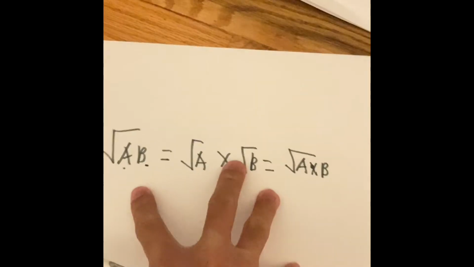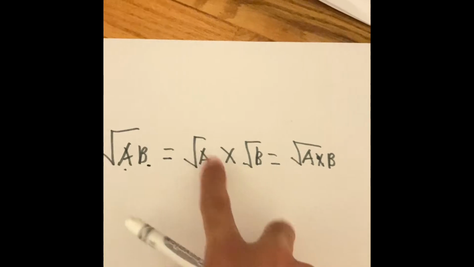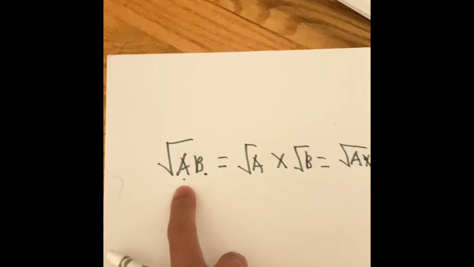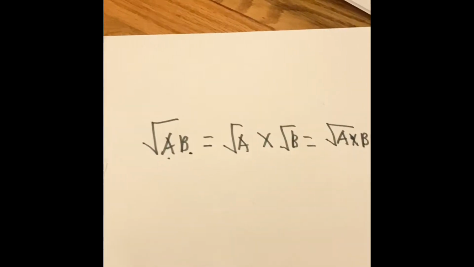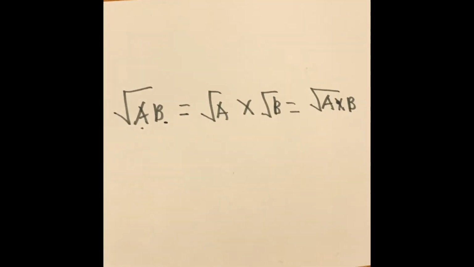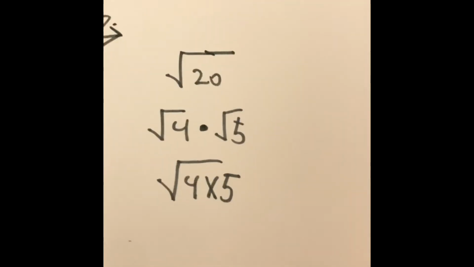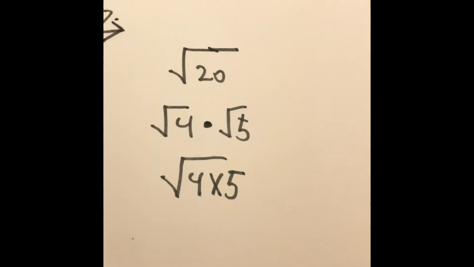So any method works. If you want to separate the two, it works too. If you want to keep them together, that also works. Whatever works for you to get the correct answer is going to be helpful. So let's get back to the problem. The square root of 4 multiplied by the square root of 5.